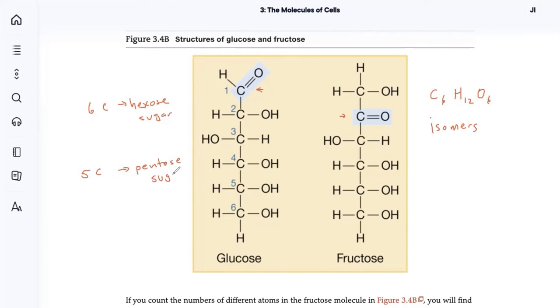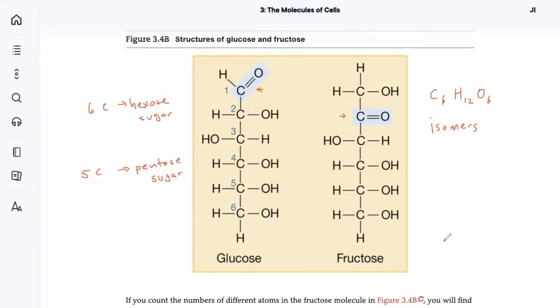And we're going to have enough opportunities to talk about pentose sugars when we get into the structure of mononucleotides. So monosaccharides, individual sugars, can come in various sizes. Glucose and fructose are a couple of good examples.